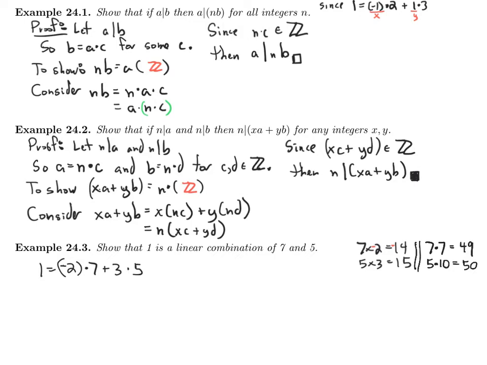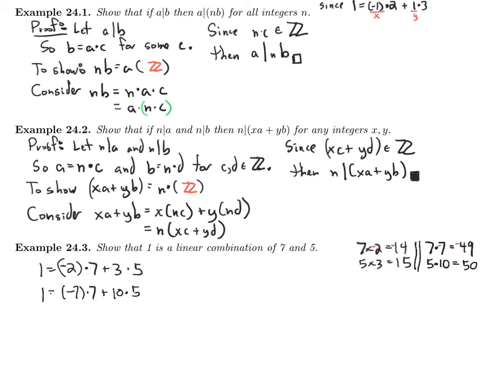Maybe you noticed that. So again, we'll do the same thing. You could take negative 7 sevens and 10 fives. So 1 is negative 7 times 7 plus 10 times 5.